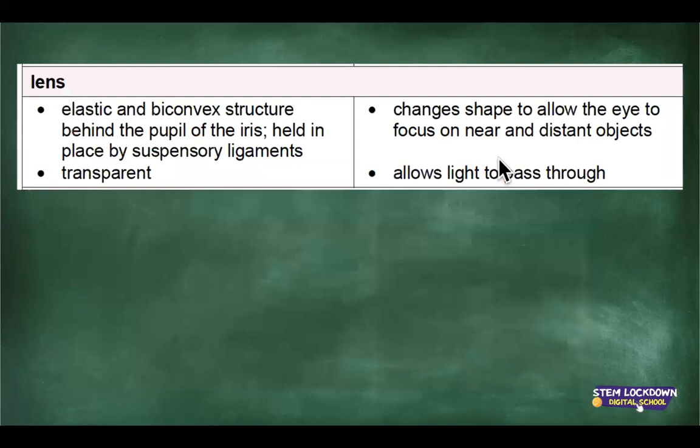And then you have your lens. Your lens is elastic and it's biconvex, so it is shaped a little bit like a rugby ball or an egg. It is behind the pupil of the iris and is held in place by your suspensory ligaments. It is also transparent. And the lens can change shape depending if you focus on a distance or focus on things close by, and it allows the light to pass through.